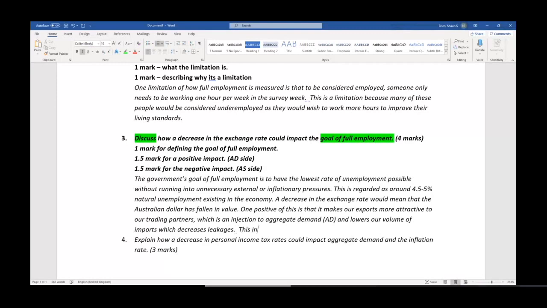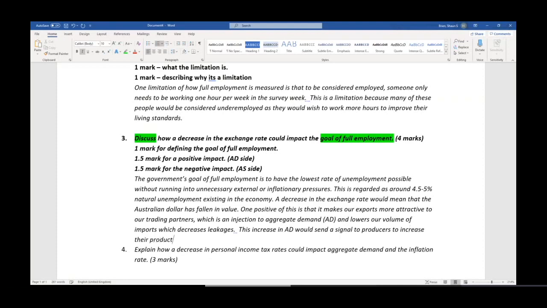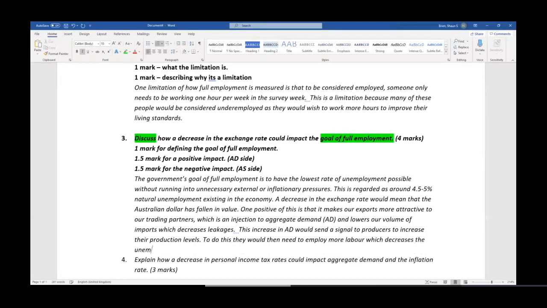This increase in AD would send a signal to producers to increase their production levels. To do this, they would then need to employ more labor, which decreases the unemployment rate and helps achieve the goal of full employment.